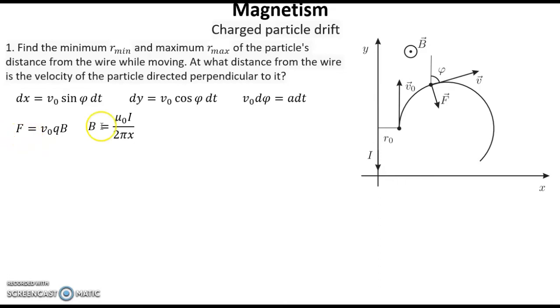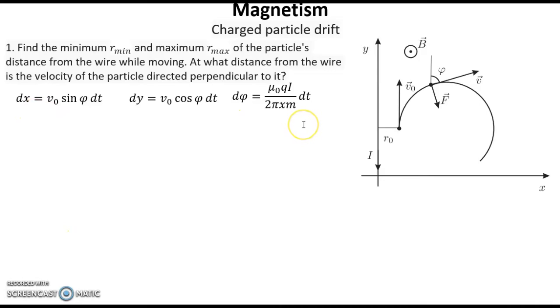Now when we have all formulas, we can find acceleration by dividing force by the mass of this particle, which gives us this expression. Now we can cancel speed and just replace this formula with this expression.